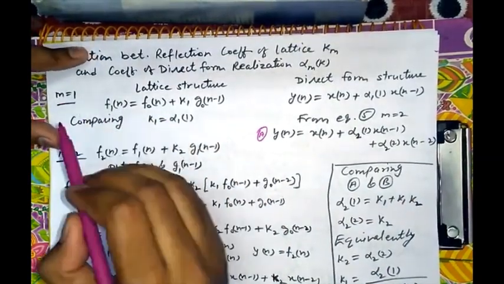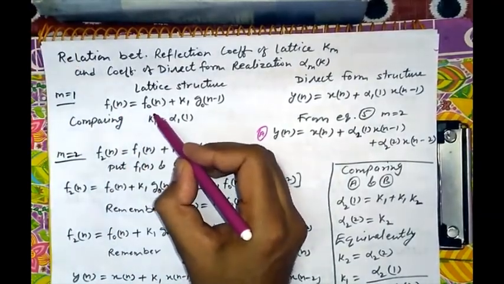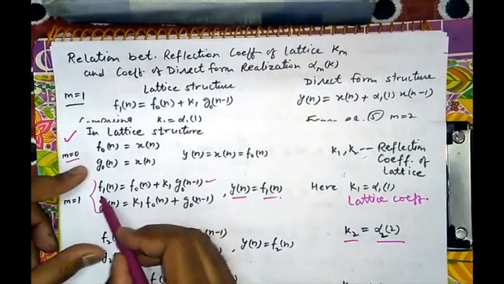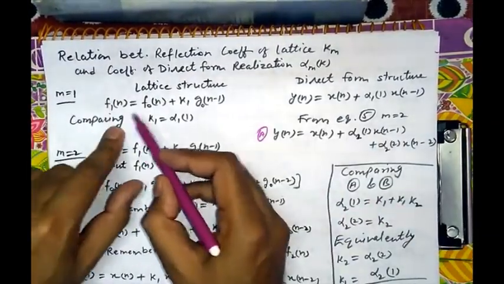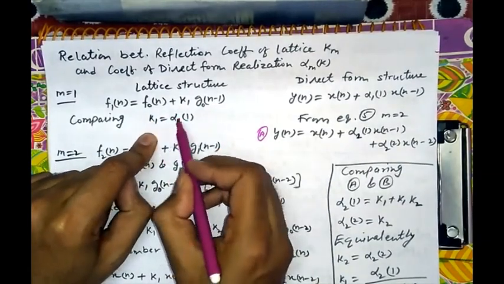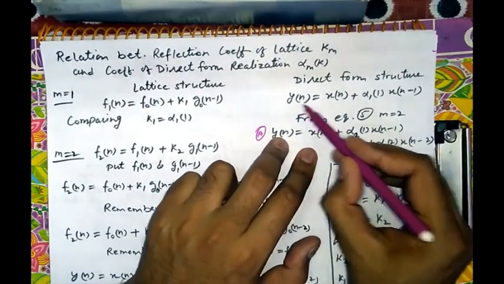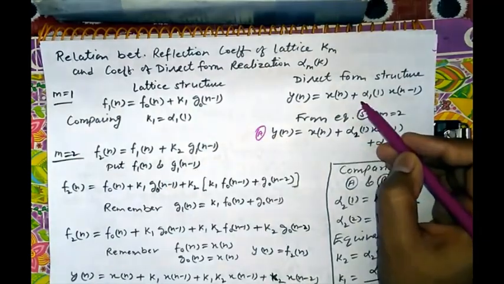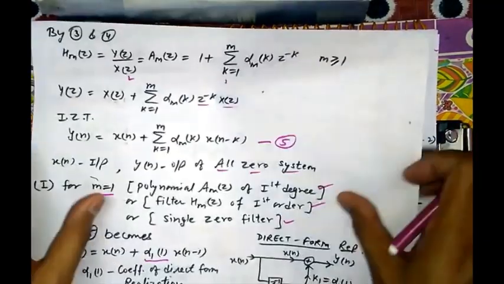Further, suppose for m equal to 1, the lattice structure says f1(n) is equal to f0(n) plus k1 g0(n-1), and k1 is equal to alpha 1 1, and the direct form structure says that y(n) is equal to x(n) plus, from equation 5, which we have already noted down is very important.